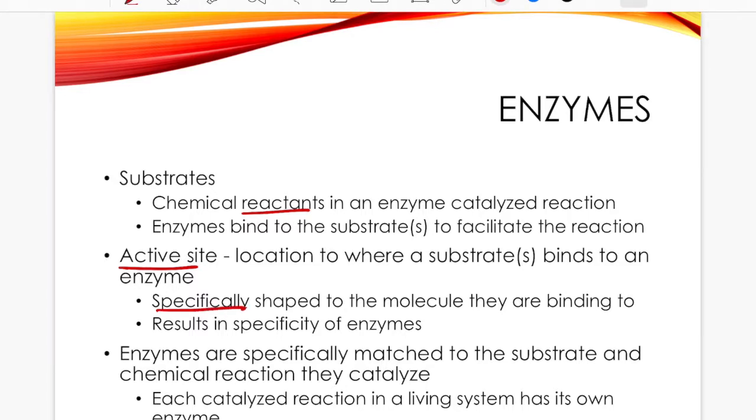So enzymes are specifically shaped to their substrates, and it makes the enzyme reactions very specific. There's a lot of specificity in enzyme reactions. So typically one enzyme will only catalyze one reaction. They are specifically matched, and each reaction has its own enzyme.